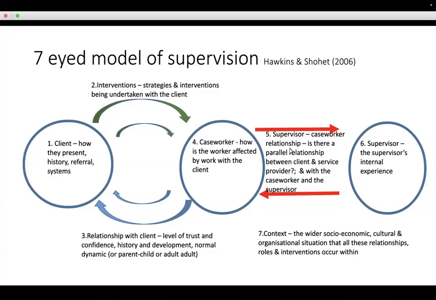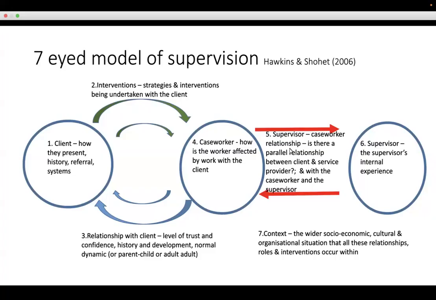And here you see the concept of parallel process being used, just to describe how you end up being in two separate processes where you have exactly the same thing happening and affecting you.